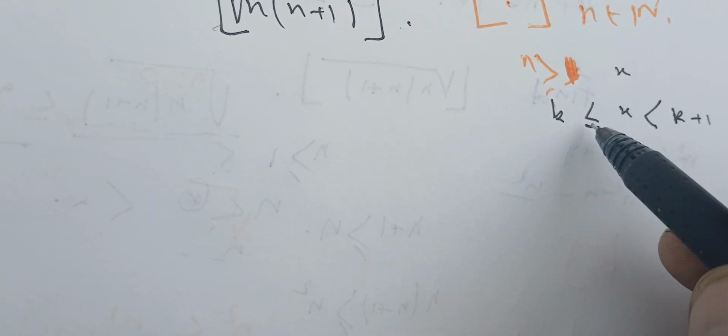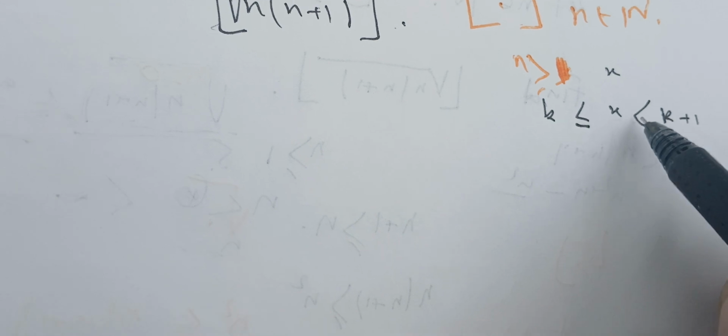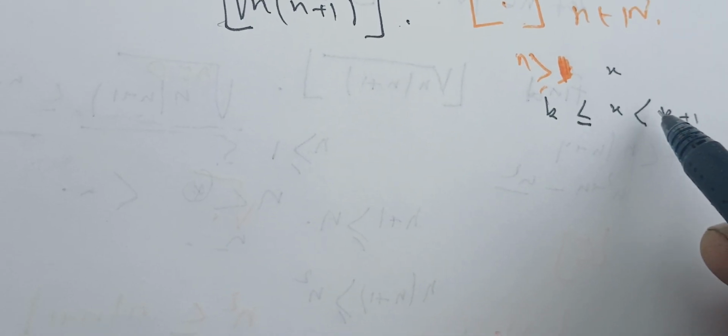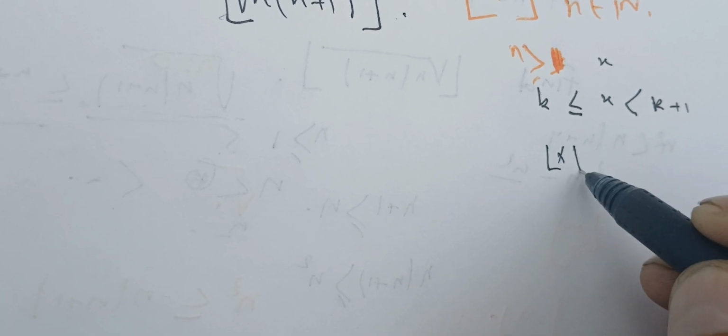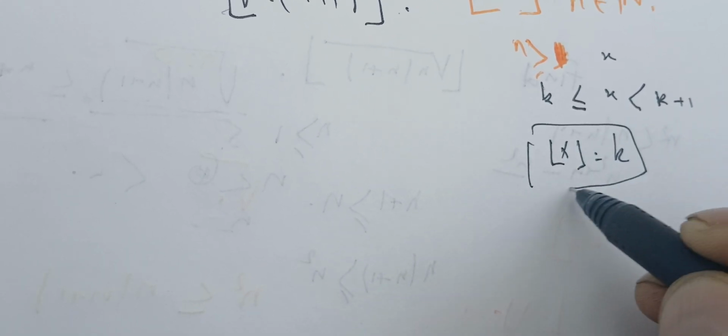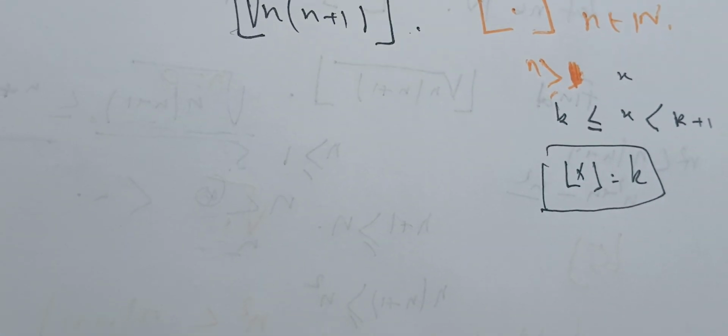So the floor is this integer k, and in that case we say the floor of x is just k. This is the notation we're going to use.